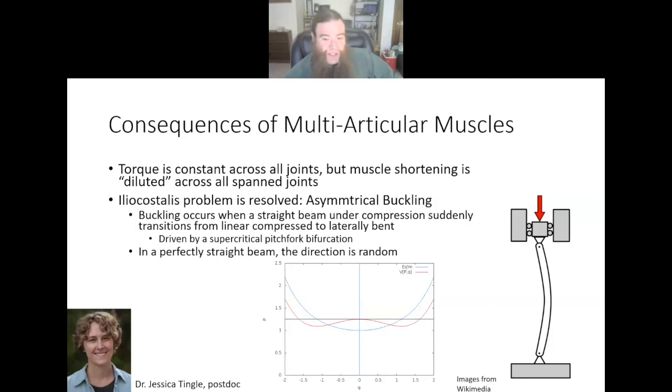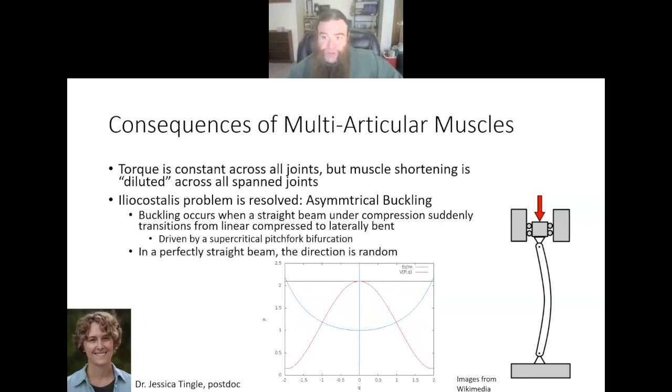It also gives us this lovely insight, which is that the torque of the muscle is constant across all joints, or nearly so if we include the spirality. But the muscle shortening is essentially diluted across multiple joints. If I shorten the muscle by X millimeters, and it spans more joints, then each joint will deflect correspondingly less.